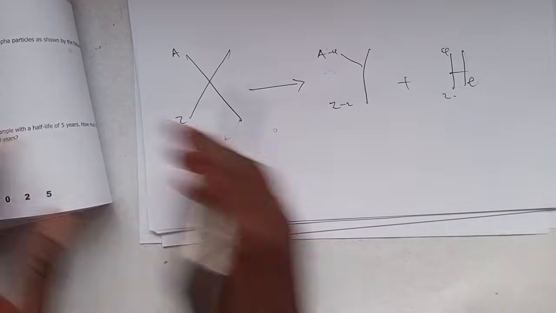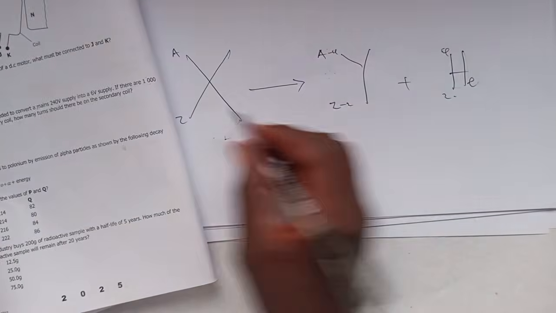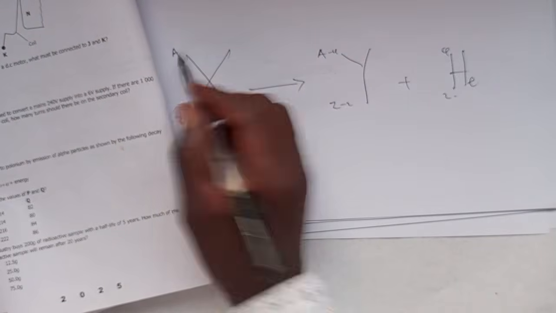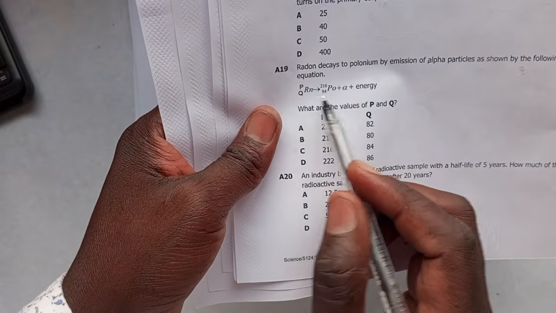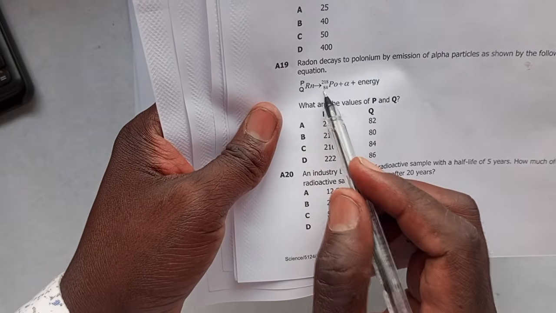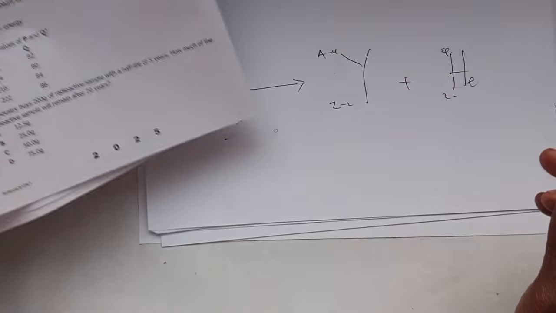So what are we going to do? We come here. What is the equation saying? We are told that there's 218 here, meaning there is a number here from where this 4 was subtracted for us to get 218. And also 2 was subtracted from this Q to get 84. So that is simple mathematics.